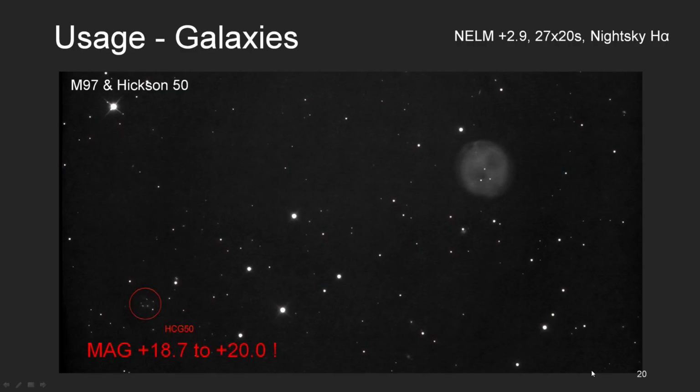The galaxies in this group range in brightness from magnitude 18.7 to magnitude 20. Even after a single 20-second exposure, these very faint and distant objects were visible. By using the IR band, I have essentially removed any constraint placed on my observing from my urban backyard.